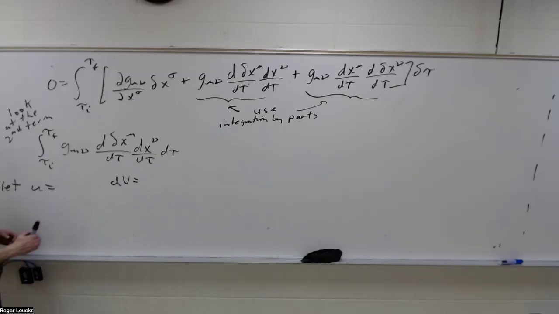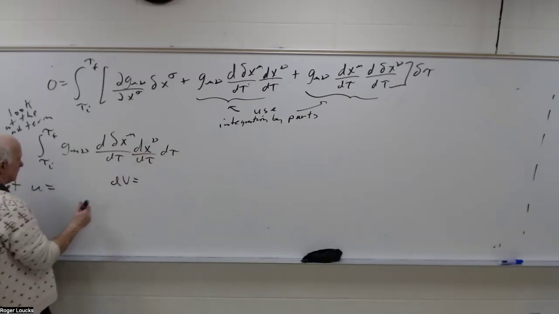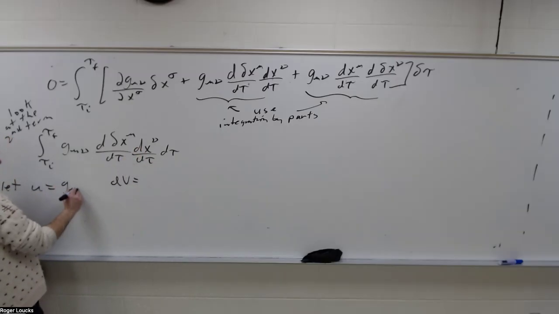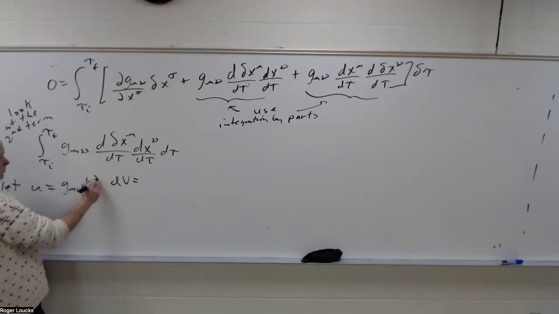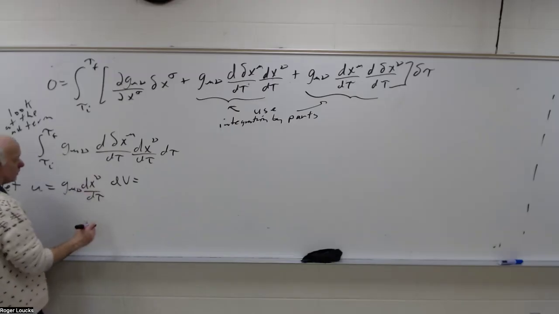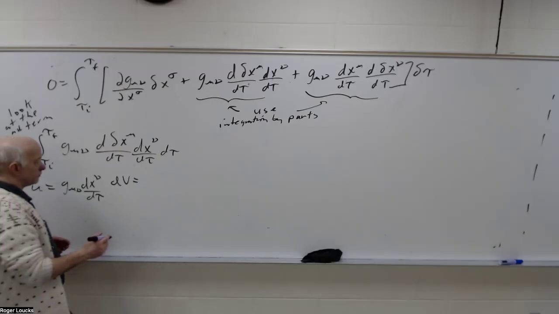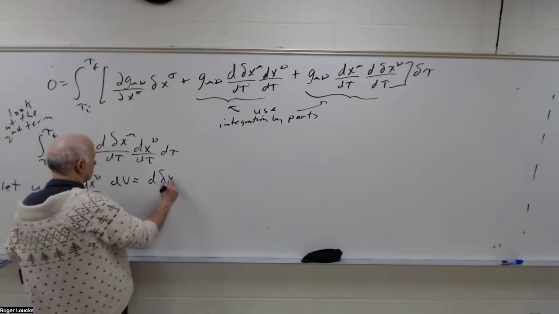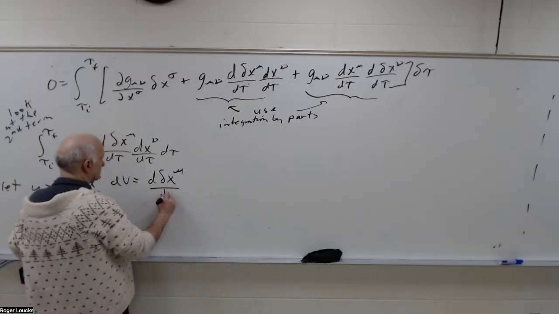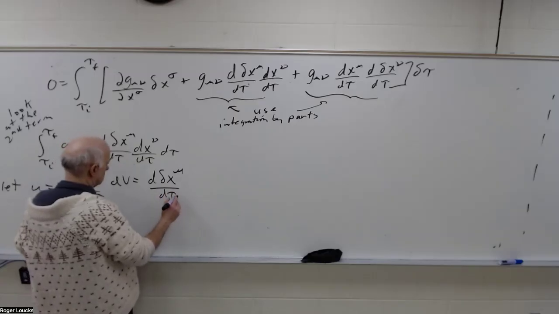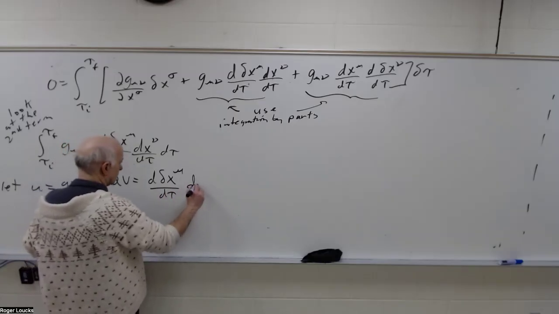Well, we're going to let u equal g mu nu dx nu d tau, and then dv is going to be everything else: d delta x mu d tau, d tau.